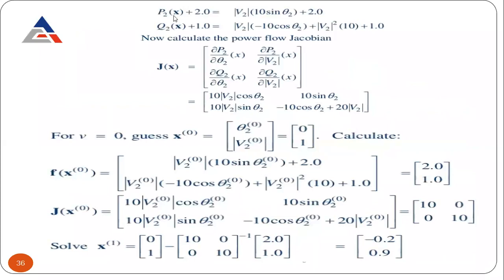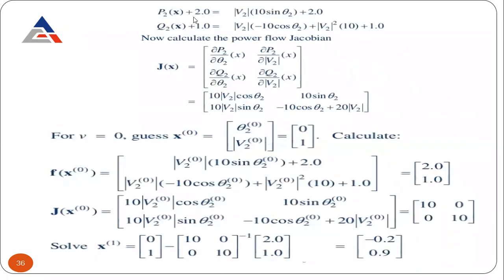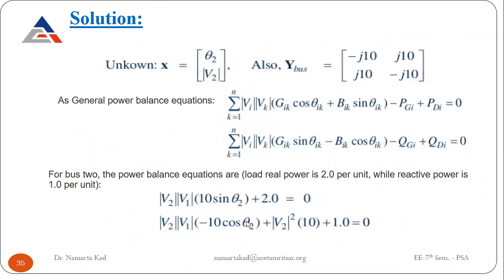Now, P2x plus 2 is equal to this, and this is further equal to this. So here P2x plus 2 is now equal to V2 10 sine theta 2 plus 2, and Q2x plus 1 is equal to this. So these are the same equations that we have written here. Actually, we represent these equations as P2x.